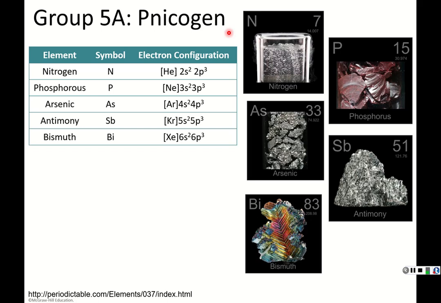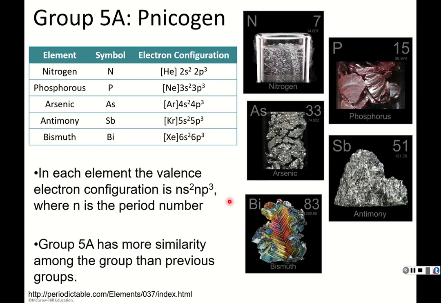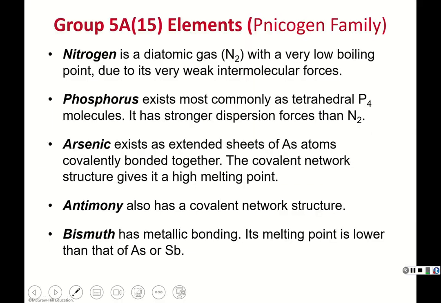Where that name comes from, I don't really know. These all have valence electron configurations of s2p3. This group has more similarity among its members than previous groups, and that trend will continue in the next groups as well.